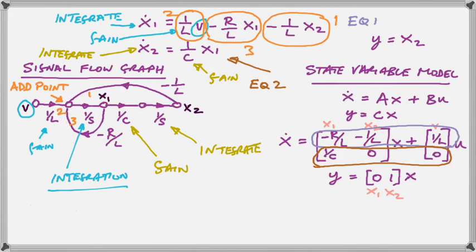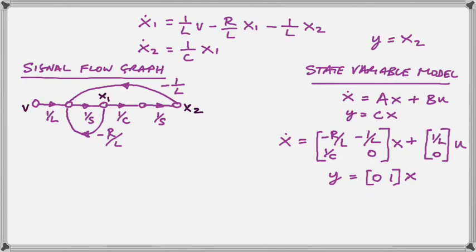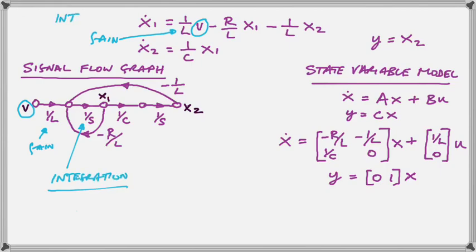We're going to go back there and follow that slowly. First of all, we move from V, and we see that V is multiplied by 1 over L, which is a gain.